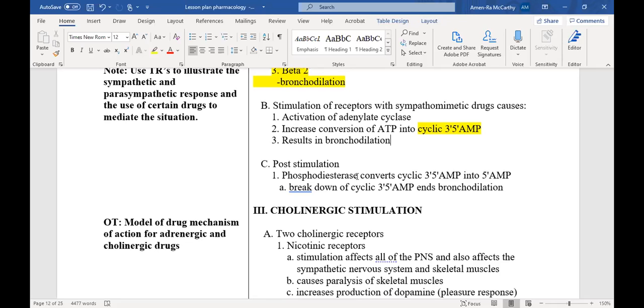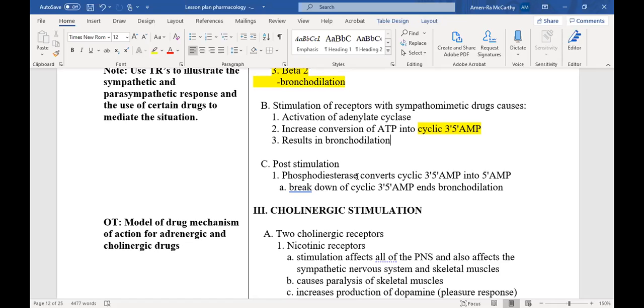What type of drug do you think you could give? And just use your terminology. You don't know specifically what they are yet, but just use your common sense terminology to tell me what kind of drug I would need to prolong this 3,5-AMP. Put it in the chat.